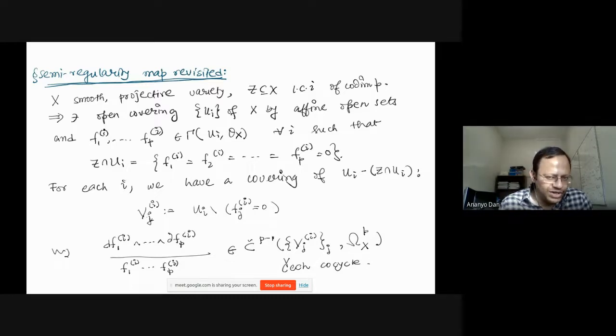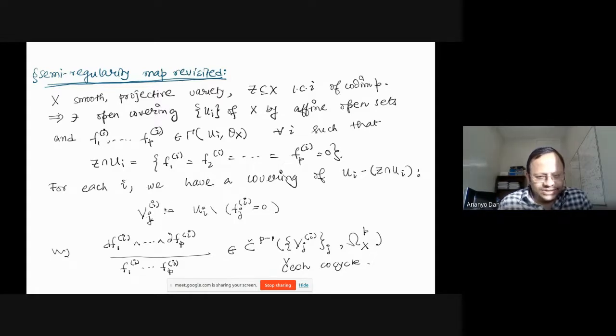In each of these open sets U_i, Z is not only a local complete intersection, it's really a complete intersection, meaning that there are really p equations that define Z intersected with U_i. So let us call these equations F_1^i to F_p^i.